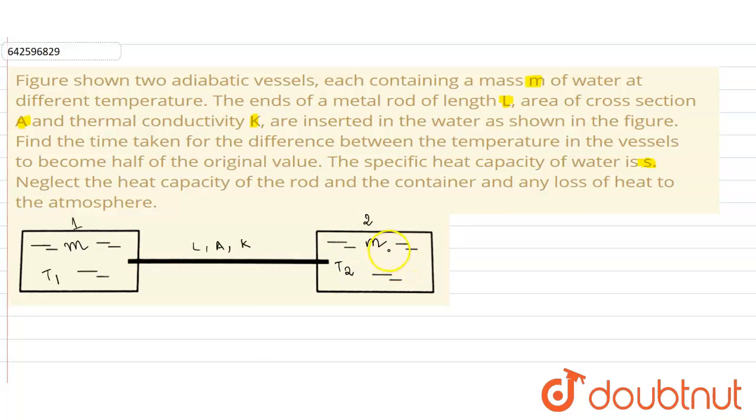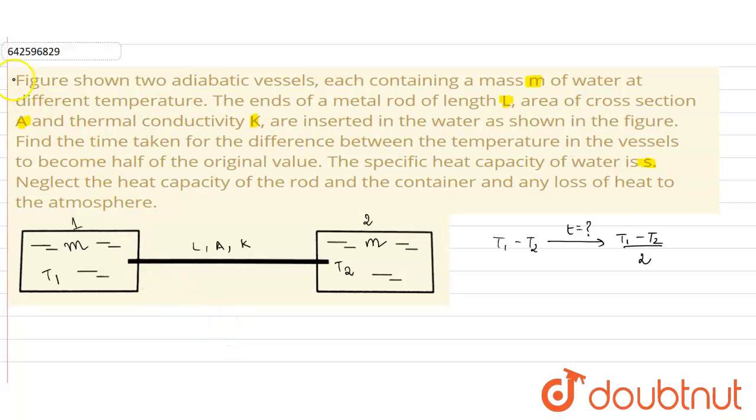Now we have to find in what time the temperature difference becomes half the original value. That means if the temperature difference initially was T1 minus T2, then in how much time it becomes (T1 minus T2) upon 2. So we have to calculate the time, correct?